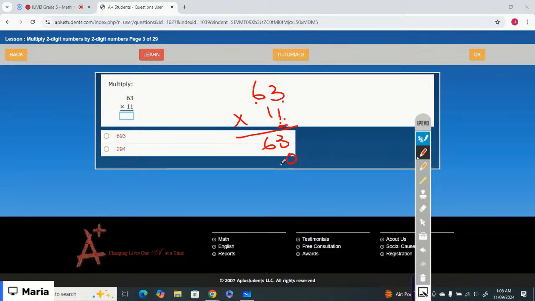Then you can add a 0 over here. Then again you have to do 1 times 3 and then 1 times 6. So 3 plus 0 is 3, 6 plus 3 is 9, and 6, that is 693. The correct option is 693.